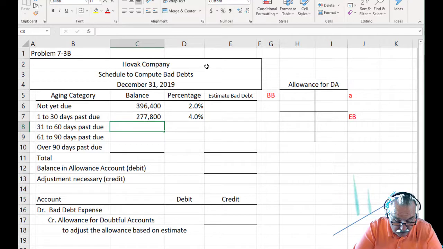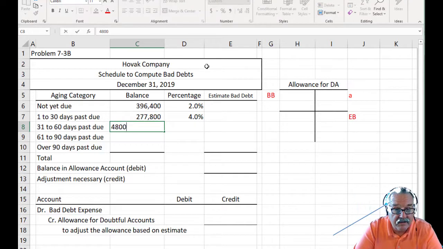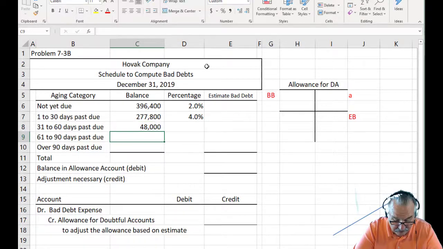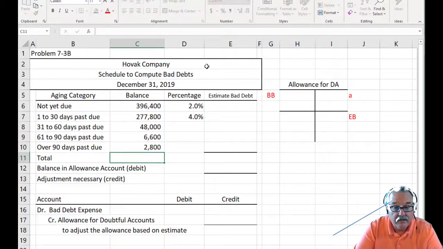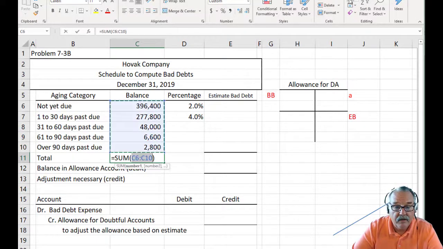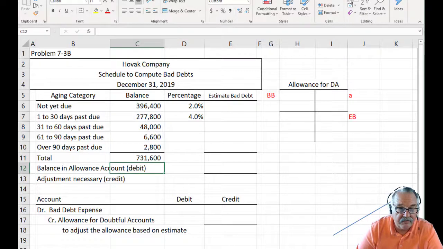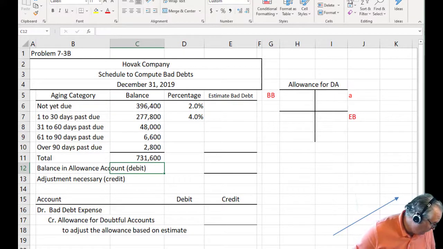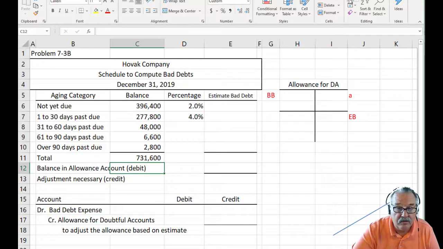Then 31 to 60 days past due is 48,000. 61 to 90 days past due is 6,600. And over 90 days past due is 2,800. When I total these up, I get total receivables of 731,600. So these numbers are in your textbook.